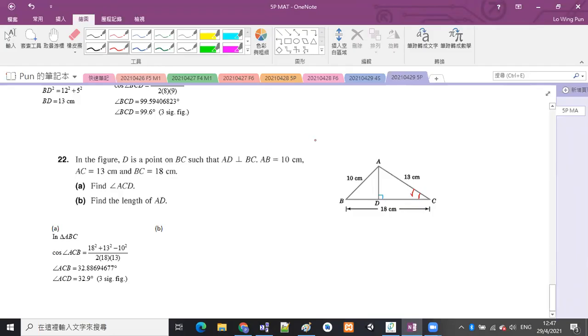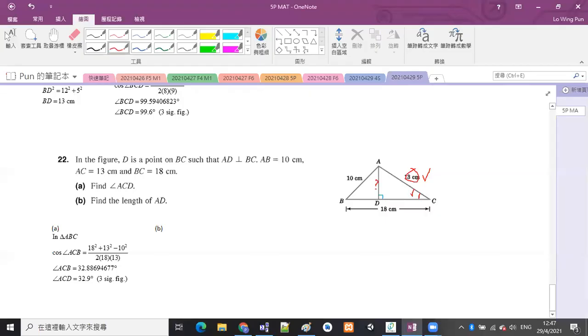We just need to use sine theta, cosine theta, or tangent theta. I want to find AD. In triangle ACD, we have 13 cm. According to this angle, AD is the opposite side, and AC is the hypotenuse.